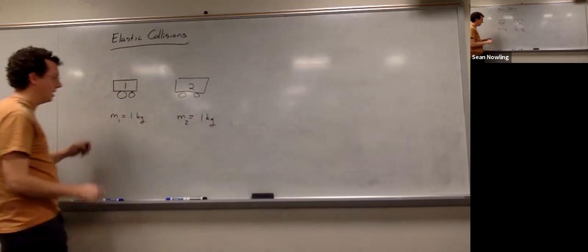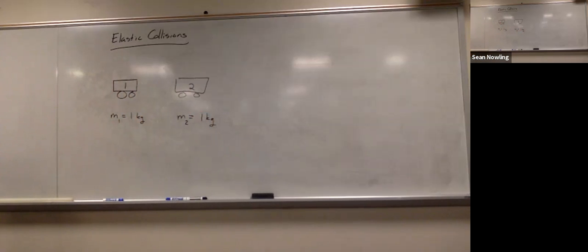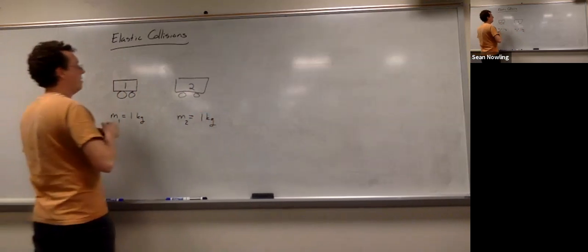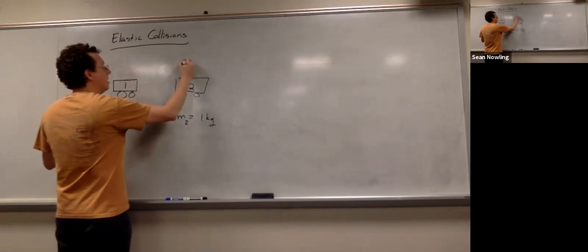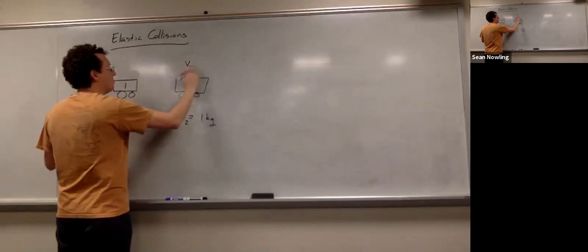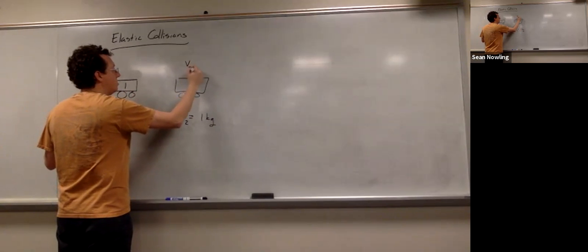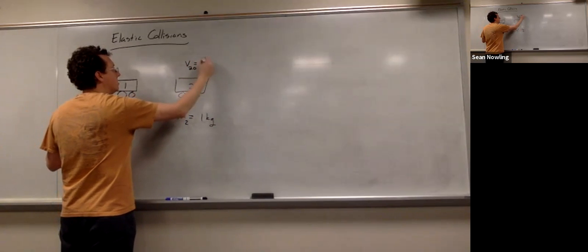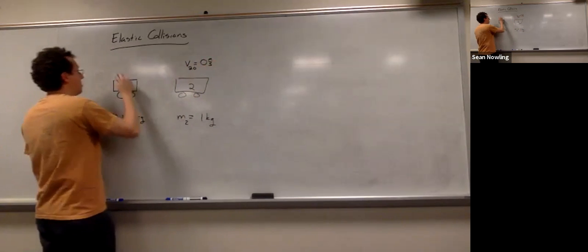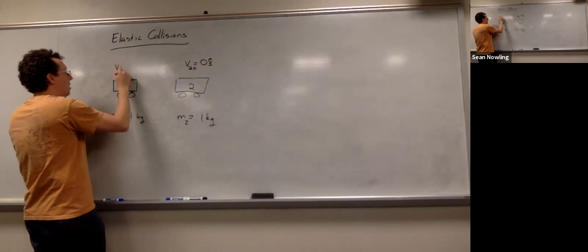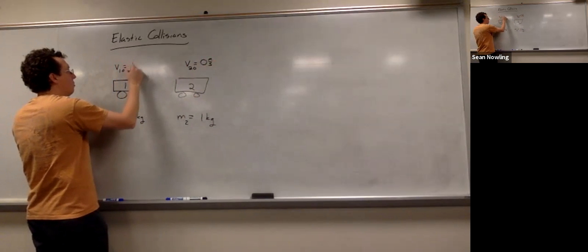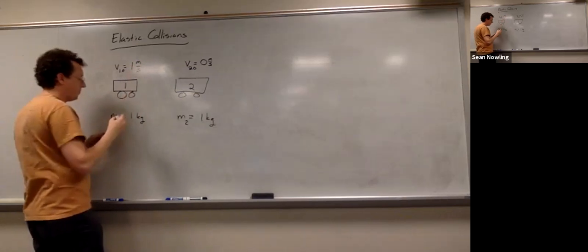This will be a simple case. In other situations, the final results might vary a little bit. And I'm going to say that the initial velocity for cart 2, V2 initial, equals 0 meters per second, and V1 initial equals 1 meter per second.